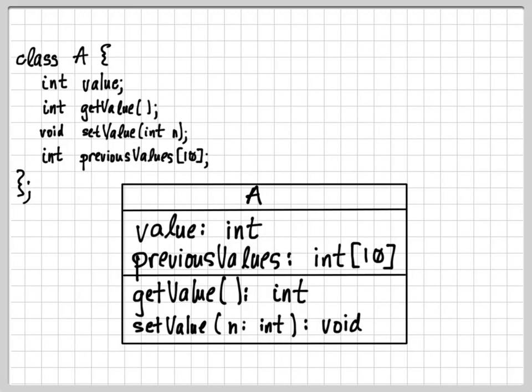So I want to point out one thing here, which is that the syntax for the parameter that's passed into setValue is the same kind of syntax that we use for attributes here. That is, I've got the name that I represent in the program as the instance value, in first, colon, int, which represents the type of in.